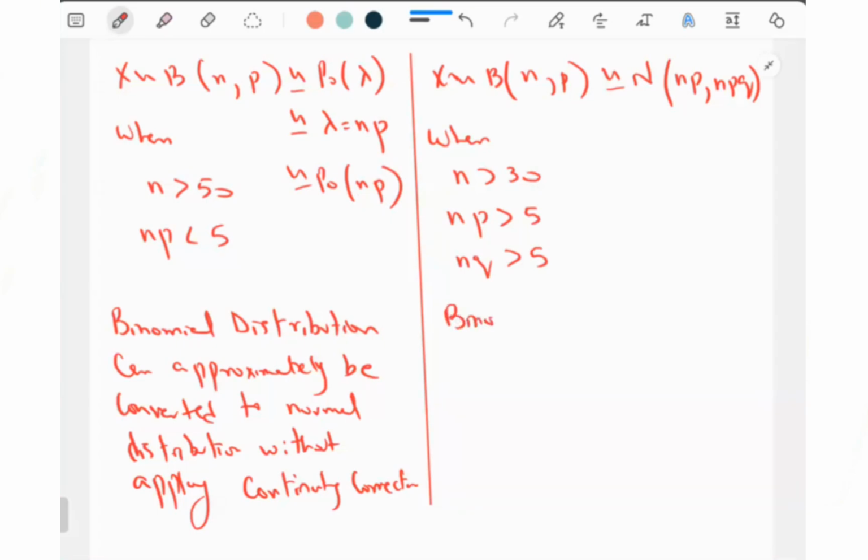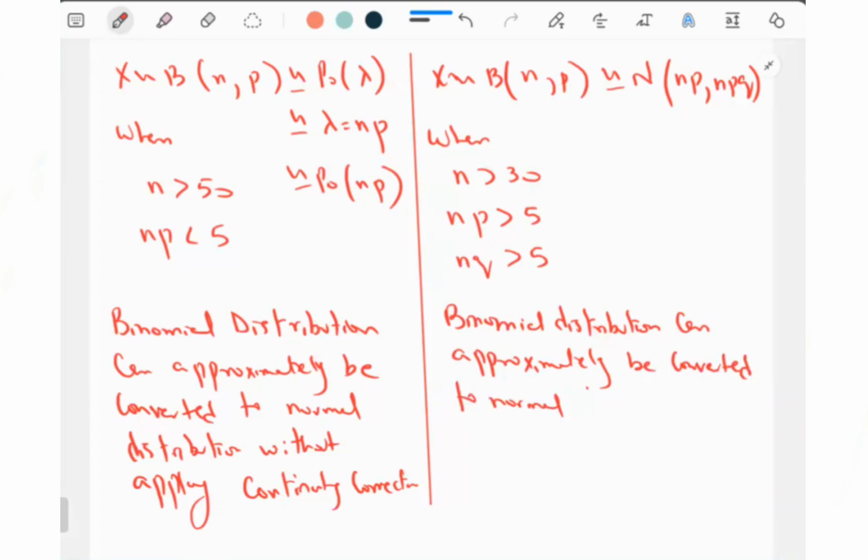इधर binomial distribution can approximately be converted to normal distribution. यहाँ पे आई एम सॉरी, Poisson लिखना था, मैंने गलती से नॉर्मल लिख दिया.